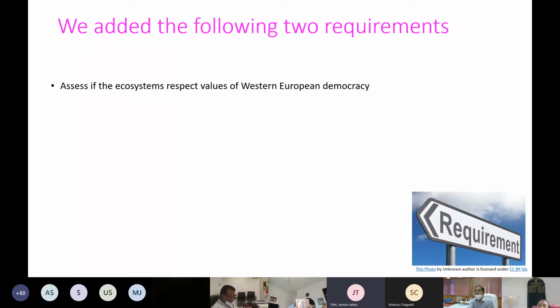We also considered the following two requirements to assess if the ecosystems respect values of Western European democracy, because these use cases are really coming from the European region, and also to assess if the AI could lead to concentration of power.